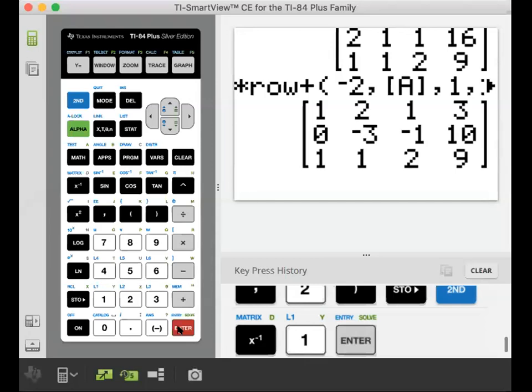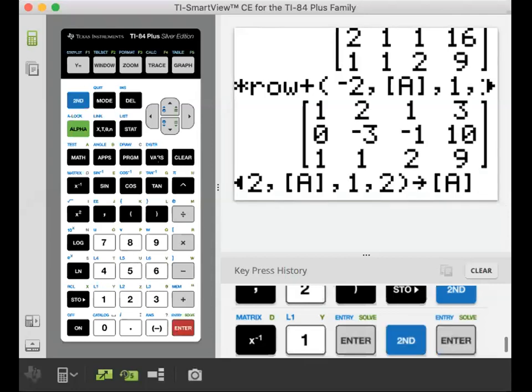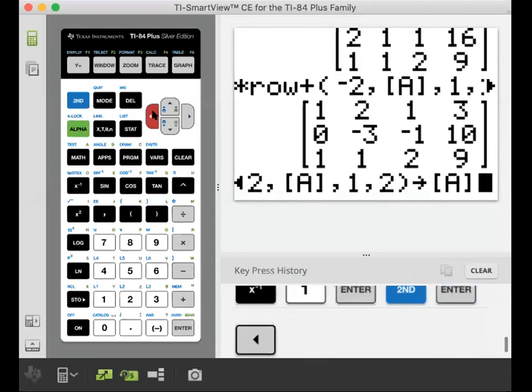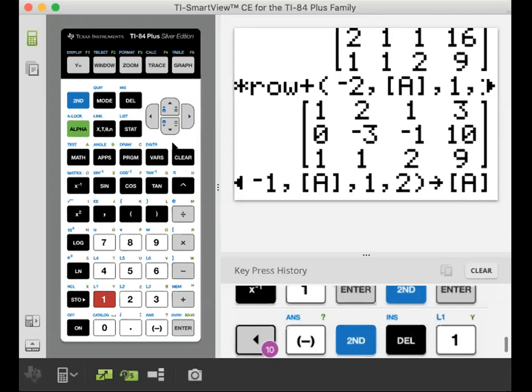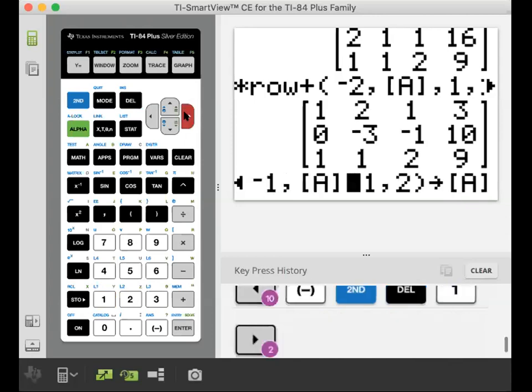Now I can do, I'll just do here now. So now if I go second enter, I've got that whole row operation again. But this time I want to multiply row 1 not by 2, but by -2, insert 1. And I want to add it to row 3.